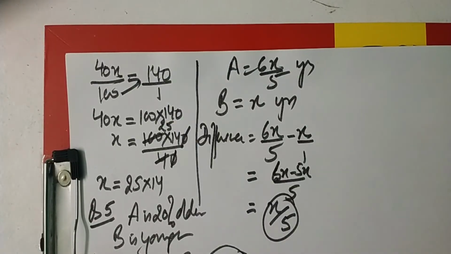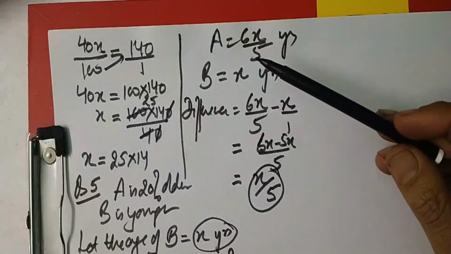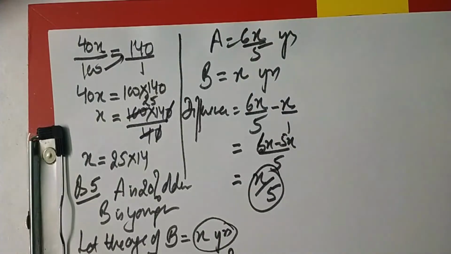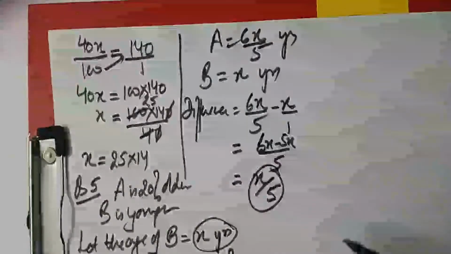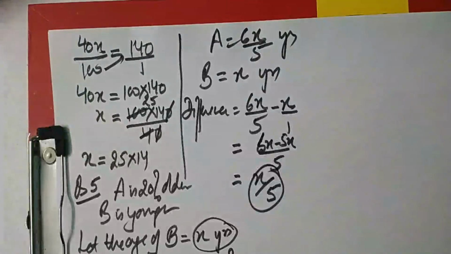This is the difference of age. This means the difference between the age of A and B is this. So the question says what percent is B younger than A? So this is the difference upon this into 100.